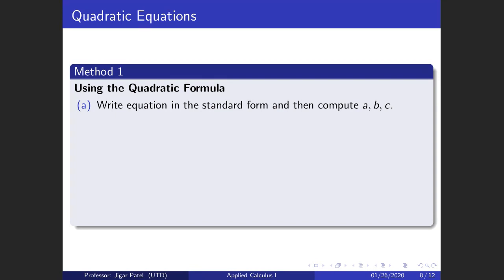Then find your leading coefficient, the coefficient of the x to the power 1 term, and the constant term. I need these three numbers, and this method only uses these three numbers to write down the solution.